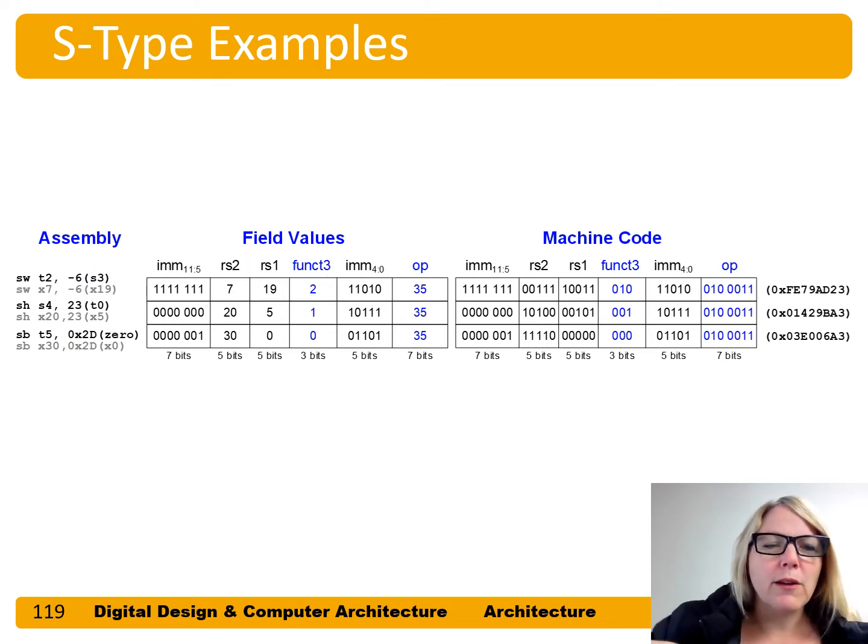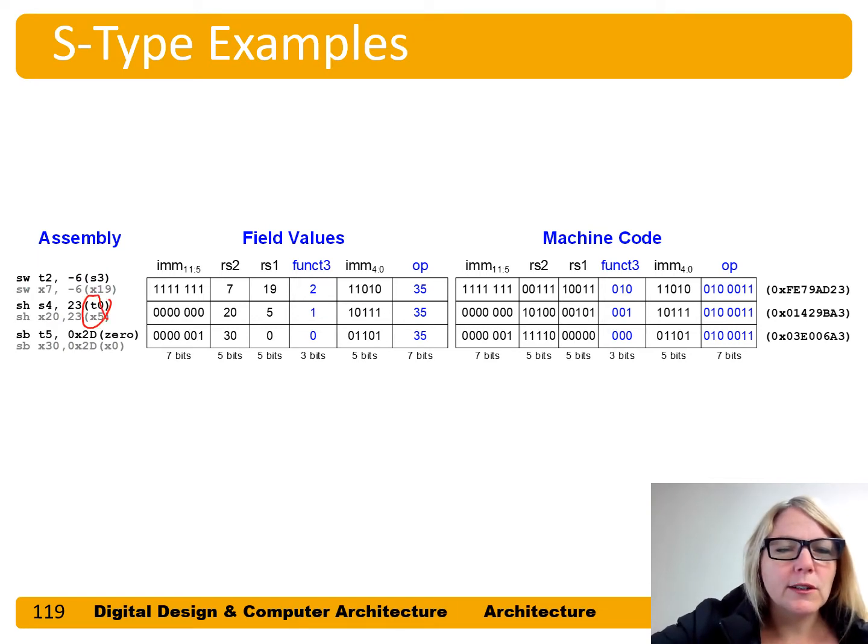And similar format for the rest of these. So we have our source, RS1, and we have our second source, the register that holds the value that's going to be stored, in this case 20. Our immediate field is split between the high 7 bits of the address, 23, and then 5 bits lower in the address.